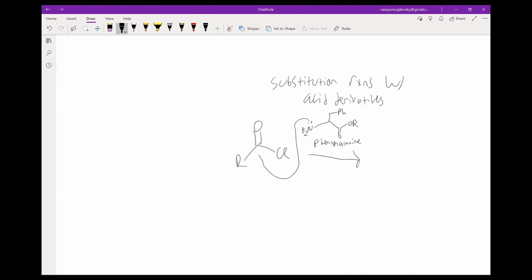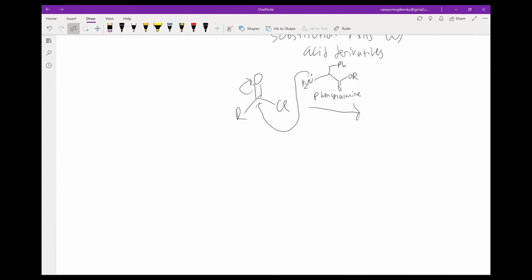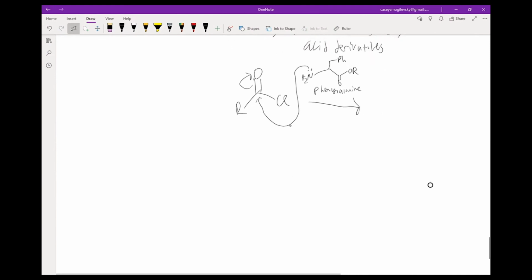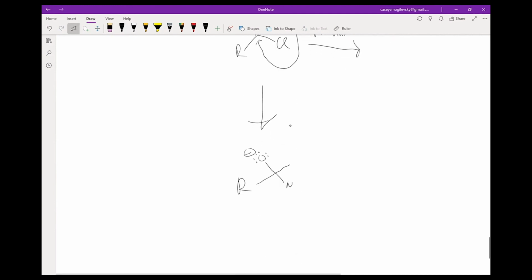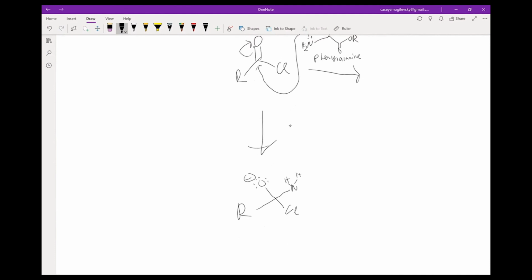First step at least: the amine attacks the carbonyl, and you're going to form a negative charge on the oxygen in this tetrahedral intermediate, with the chloride, the NH, and then the rest of the phenylalanine group.